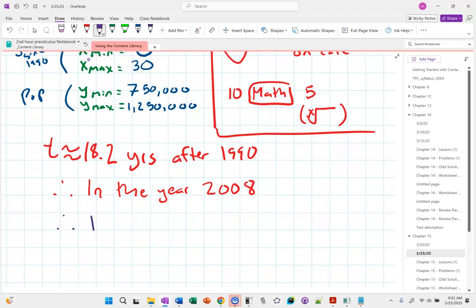So just got to be careful on the wording, on how you do the rounding. Is everybody okay there? So depending on what they're actually asking for, could be during the year 2008, or could be at the start of 2009. Does everybody feel okay there?